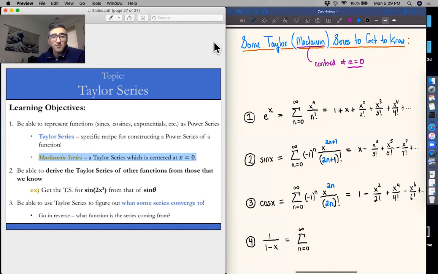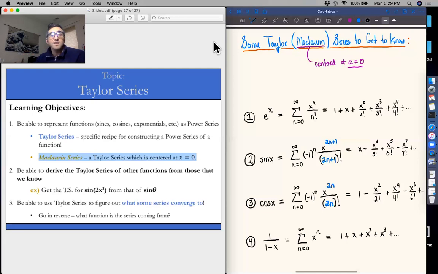So remember, for this series, this was just x raised to the power of n. And if we just write out the first couple terms, it's just 1 plus x plus x squared plus x cubed, and so on and so forth.